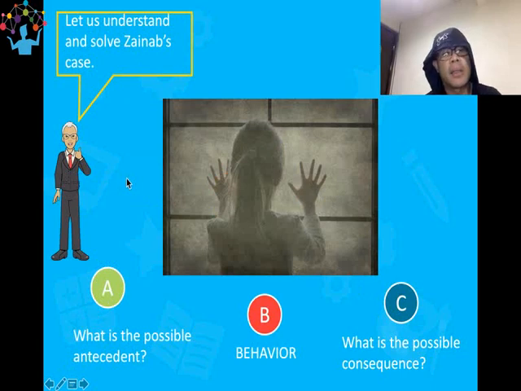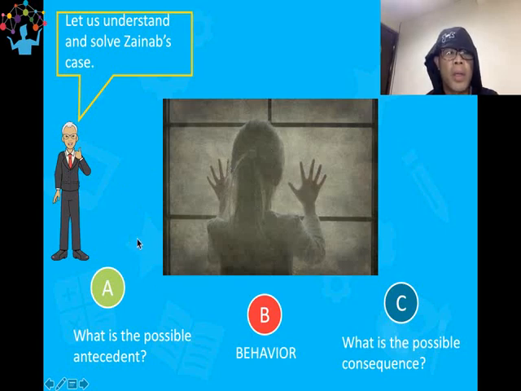And last but not the least, remember the case of Zainab. What are the possible antecedents that led to this behavior? And what are the possible consequences that led to this behavior? Now as a teacher, you would like to help Zainab. You would like to bring her back to her positive behavior.